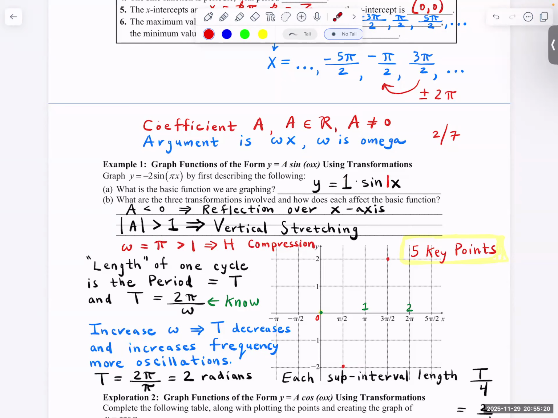But as A increases in magnitude or absolute value, that will affect what is called the amplitude, or the maximum positive peak of the function. Graph y equals negative 2 sine of pi x by describing in part A the basic function, which is y equals coefficient of positive 1 sine of 1x.